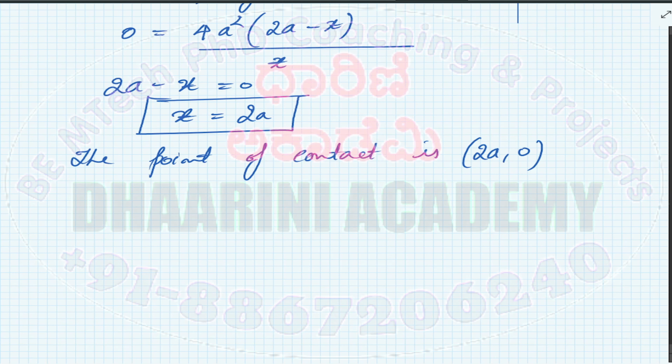Now let's simplify the given function first so that we can write it in a different fashion. So y square is equal to 4a square into (2a minus x) divided by x. Let us simplify this before we go ahead.